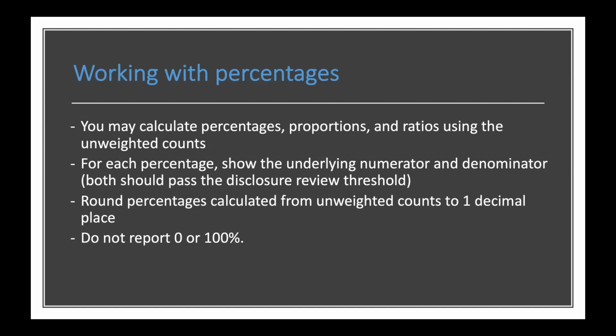These percentages, proportions, and ratios can be calculated using the unweighted counts, and these percentages must be rounded to 1 decimal place. Finally, please do not report 0 or 100% within a specific grouping.